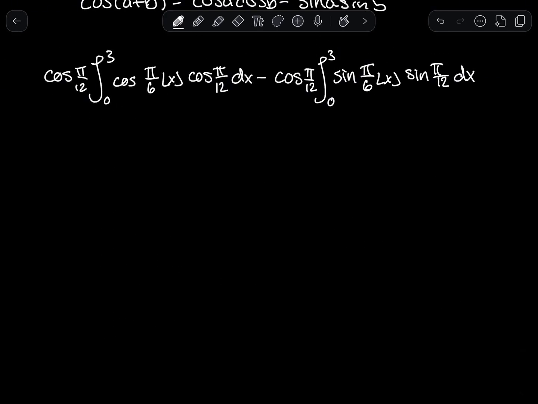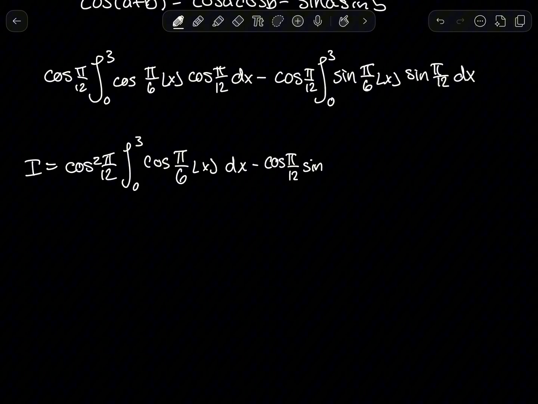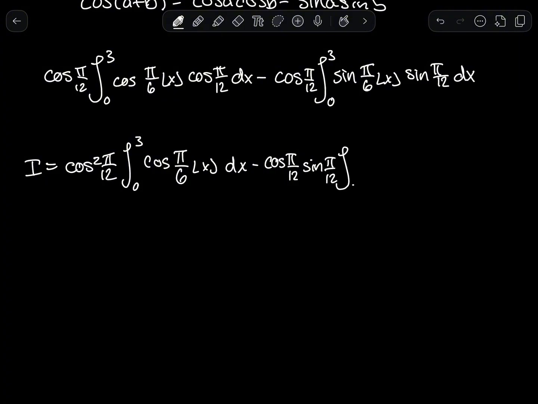Now we can evaluate these integrals, which I'm going to rewrite real quick. We'll have I equal to cosine squared of pi by 12 times the integral from 0 to 3 of cosine of pi by 6 floor of x dx, minus cosine pi by 12 sine pi by 12 times the integral from 0 to 3 of sine of pi by 6 times floor of x dx.